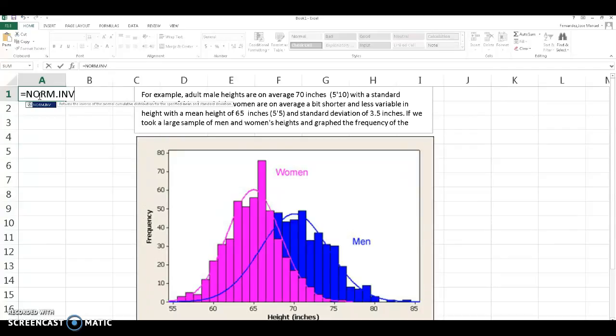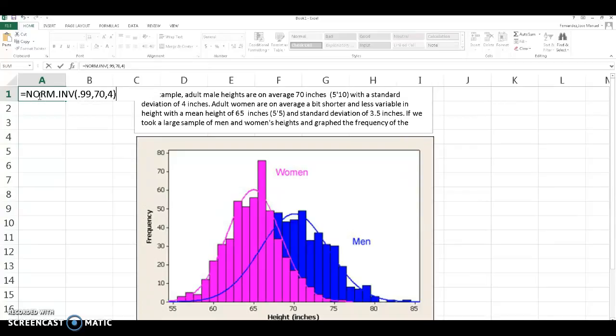I want to make sure that 99% of people, so 0.99, can walk through the door. Since men are taller than women, we're going to use the males' descriptive statistics here. So we're going to put in 70 inches for males as the mean, and 4 inches as the standard deviation.